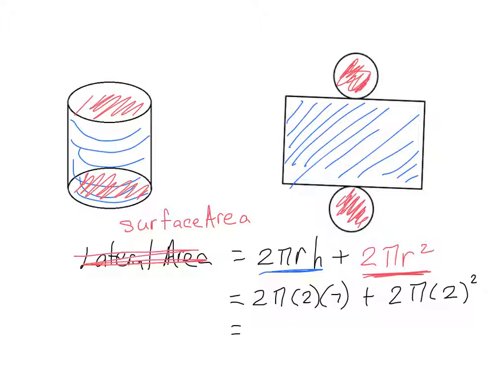And when you plug that into your calculator, you should get 36 pi, or 113.097 approximately. And again, this is centimeters squared because we're dealing with area. So that's how you find the surface area of a cylinder.